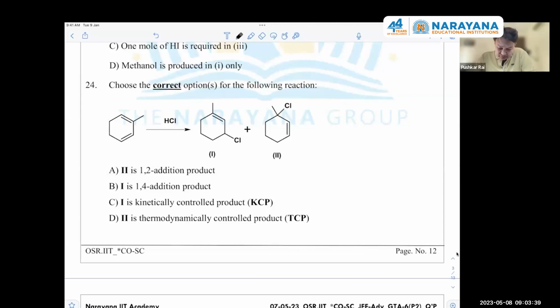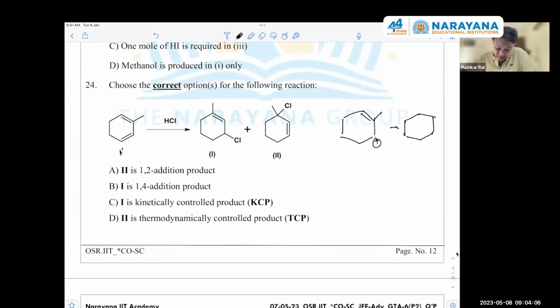Okay. So when you add HCl, if you talk about kinetic and thermodynamic control, the H plus ion is added, and this H plus ion could go at this point. Suppose you've added one H plus at this point. So this is the case, and then there is a positive charge like this.